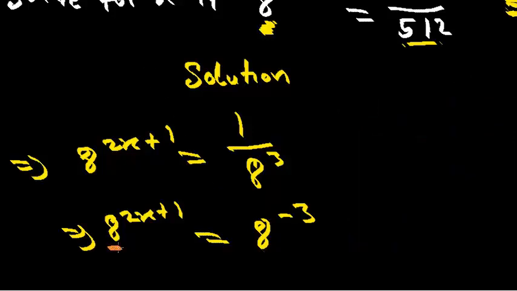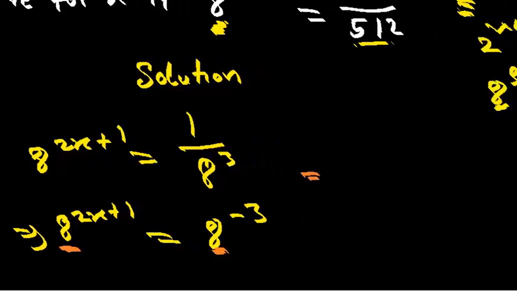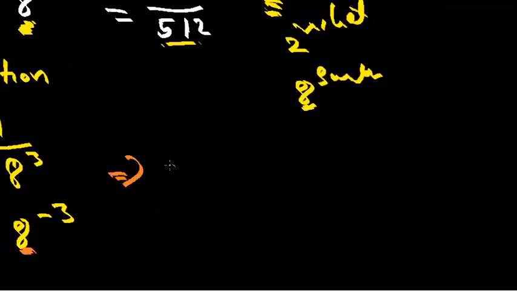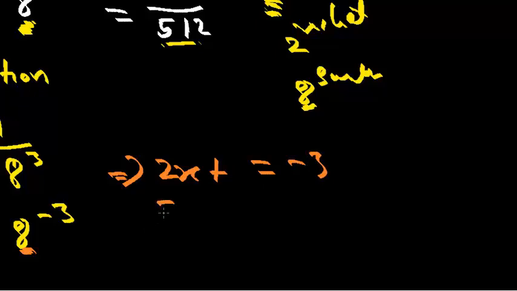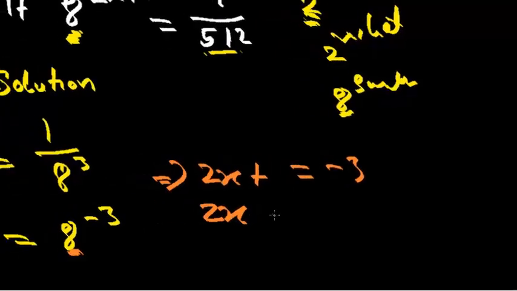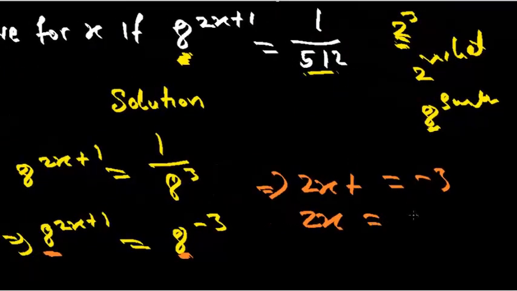So here, once the bases are the same, we have 8, and here too we have 8. We can now equate the exponents, and that means 2x plus 1 is equal to negative 3. Then we have 2x is equal to negative 4, since I'll subtract 1 from both sides.